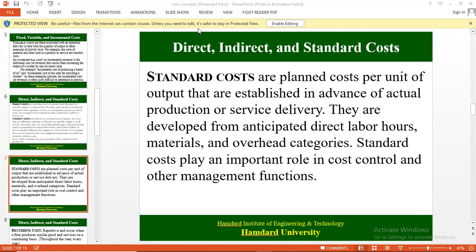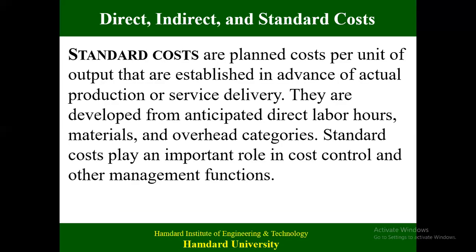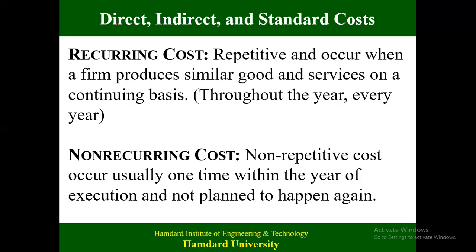Okay, students, further we move towards the next concept of recurring cost and non-recurring cost. Recurring costs are repetitive and occur when a firm produces similar goods and services on a continuing basis, throughout the year, every year, or even in a half-yearly period of time.